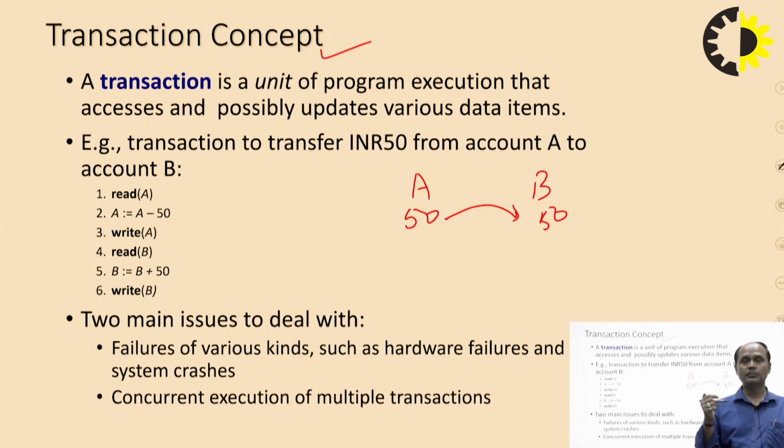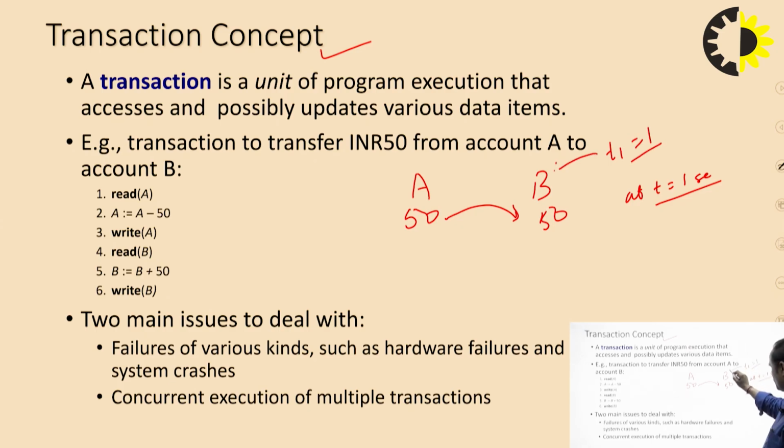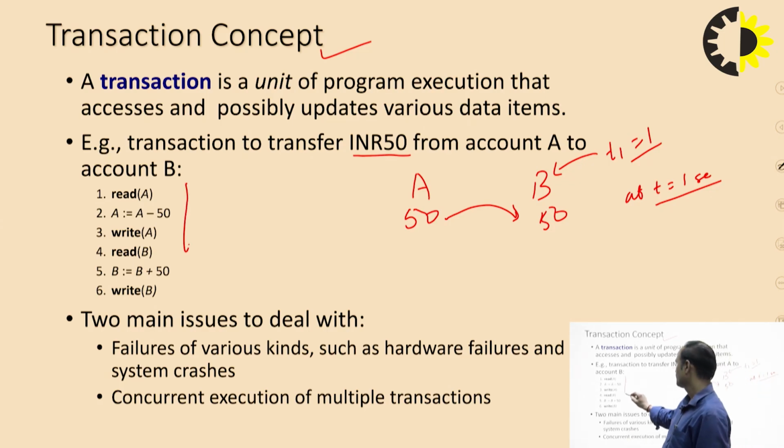Suppose it is performed at time T1 equal to 1. The operation is to transfer INR 50 from account A to B. These are the steps of the transaction.